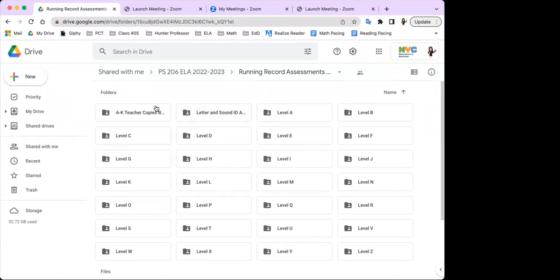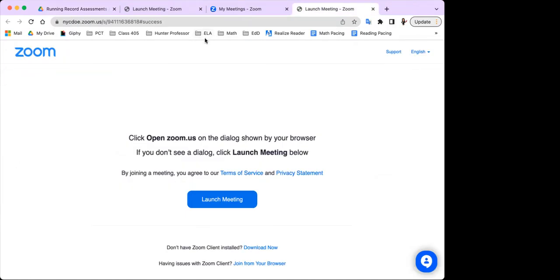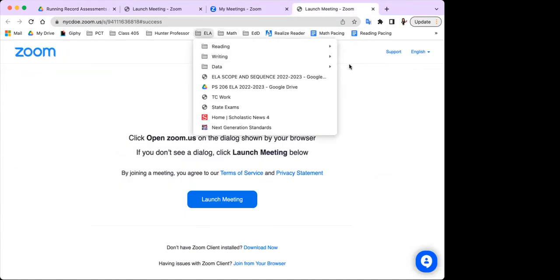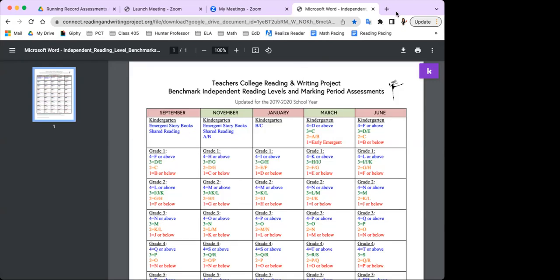So basically, for running records, our students need to be assessed to see what level they're at. According to TC, the Teachers College from Columbia, our students using benchmarks perform at certain levels. These are their assessments for their benchmark grades.